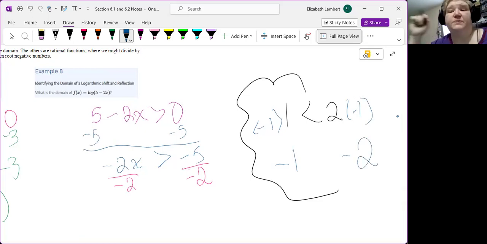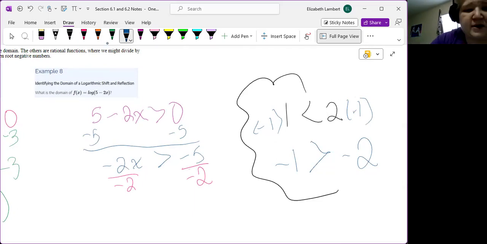Which one of those is bigger? -1 is closer to 0 than -2. It's closer to being positive. So when we multiply by a negative, which one's bigger now becomes the smaller.